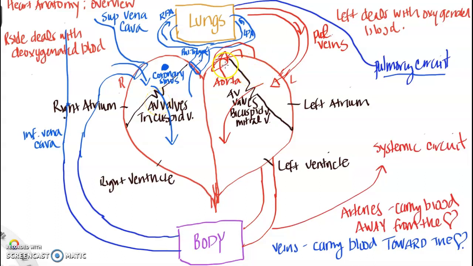Okay. One thing I didn't mention, and I'm sorry I forgot, but there are valves here at the pulmonary artery and the heart. And there are valves at the aorta and the heart. Those are called semilunar valves. So this one is called the aortic semilunar valve.